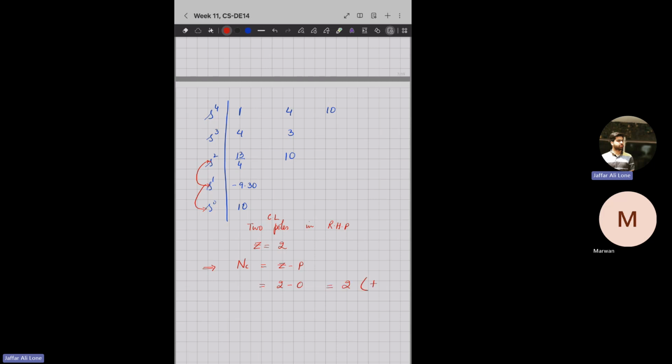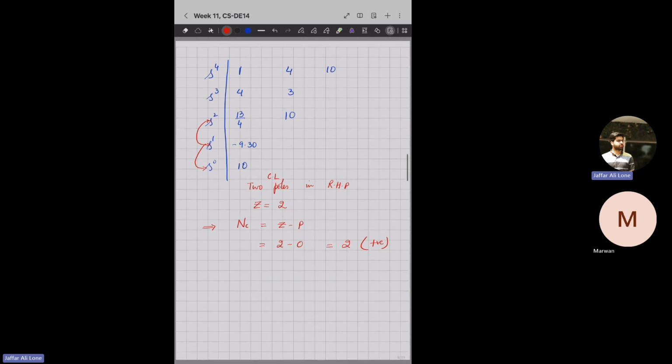The sign is positive, which means the encirclement will be in the clockwise direction. So there are two encirclements around the point minus 1 plus j0, in the clockwise direction.